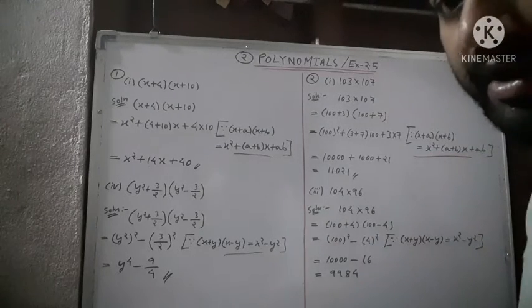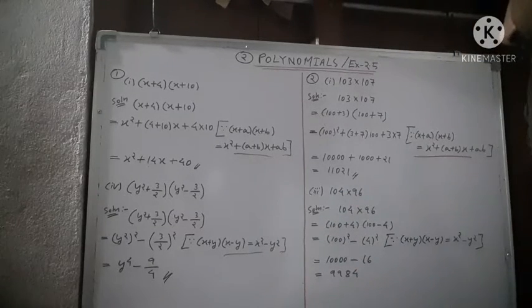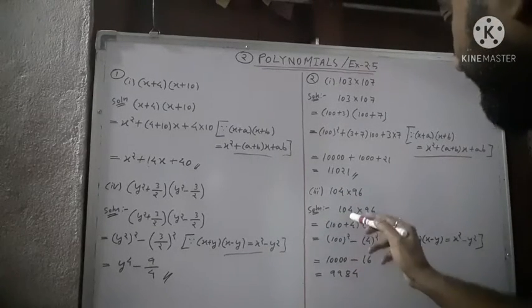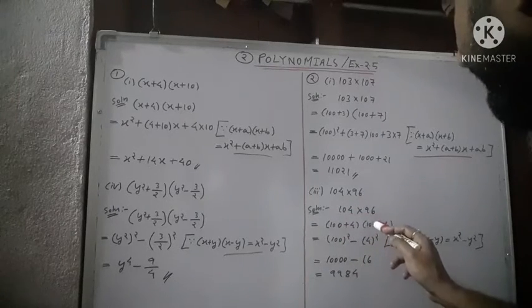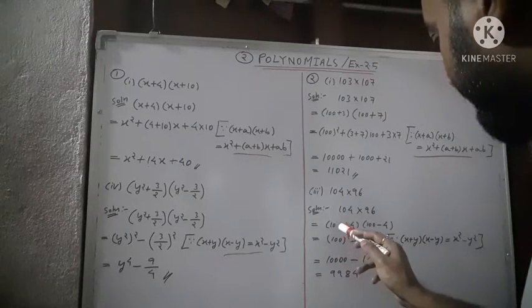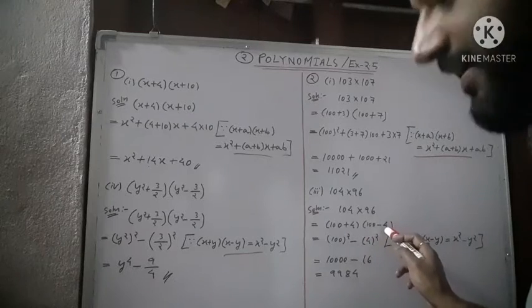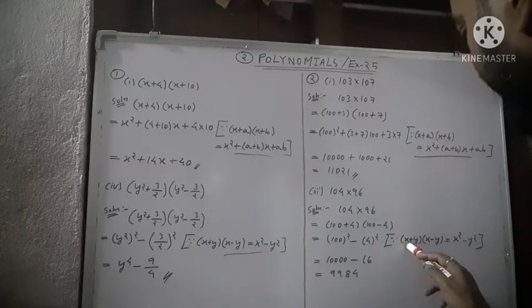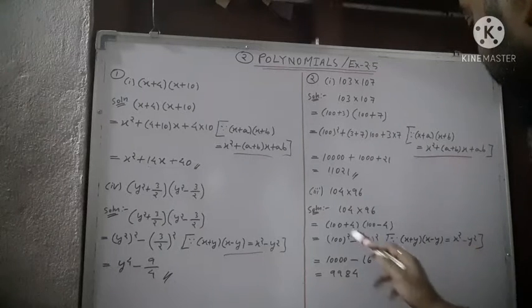So let's move to the third question. Roman number 3, it is given 104 × 96. We can write 104 as 100 + 4 and 96 as 100 − 4. So this gives us the identity (x + y)(x − y), and the result is x² − y².